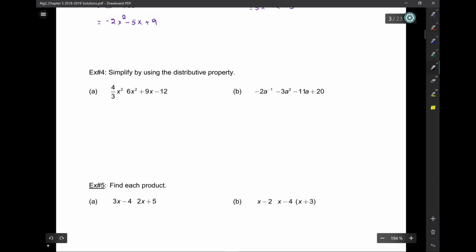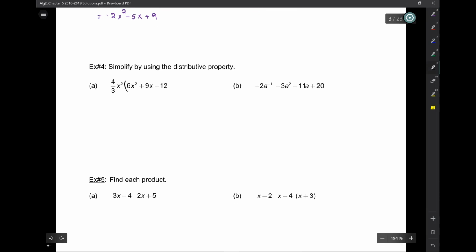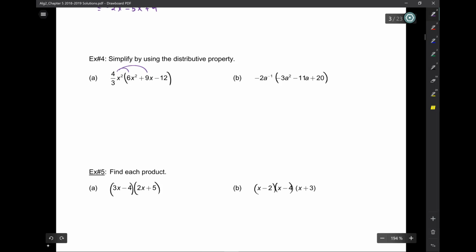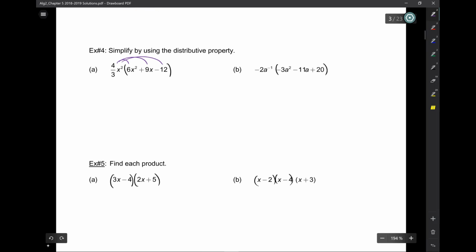All right, distributive property. This is how it looks, right? Okay, so we're going to distribute this. Each one is going to get a 4 over 3x squared. So, first off, 4 over 3 times 6. X squared times x squared will be x to the 4.